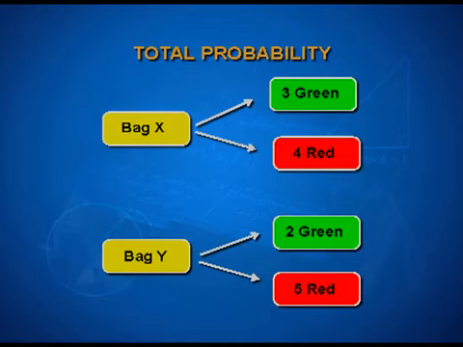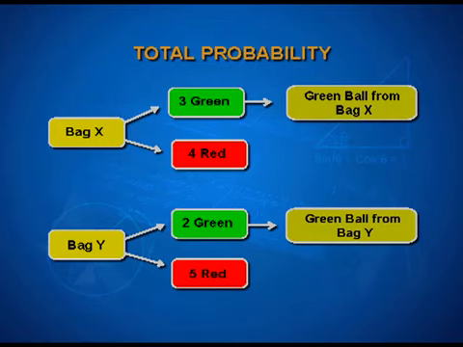So far you have been dealing with situations where we had only one bag and you can have 2 or more color balls in it. So, what changes now? You may select bag X and then draw a ball out of it, or bag Y and then draw a ball out of it, which may be green is what you are looking at.